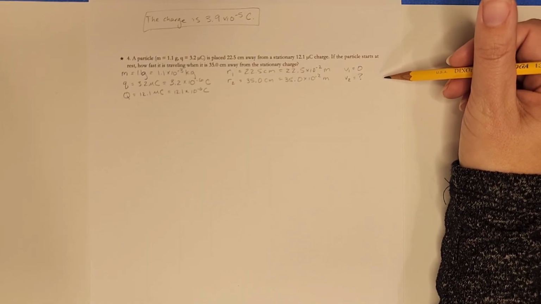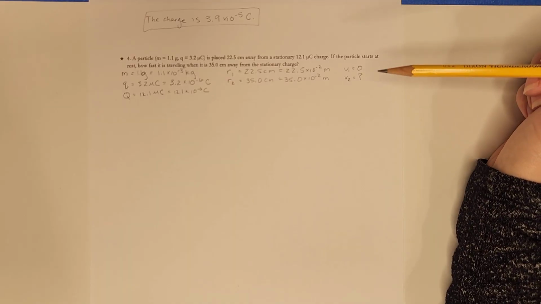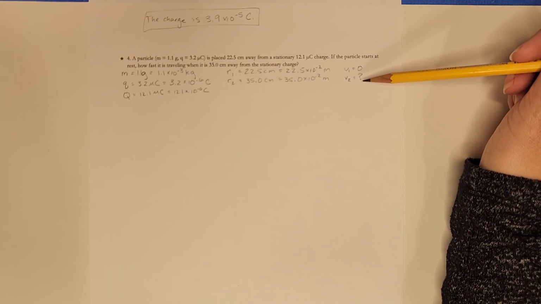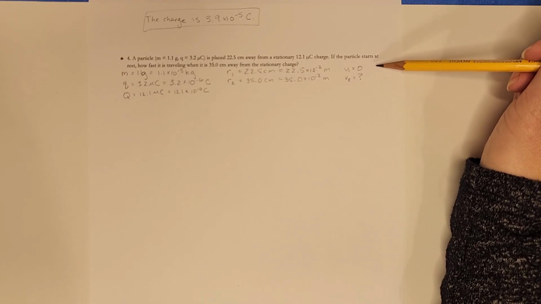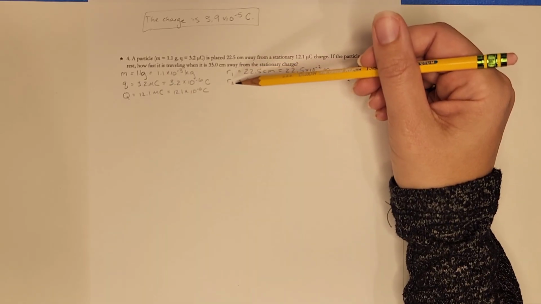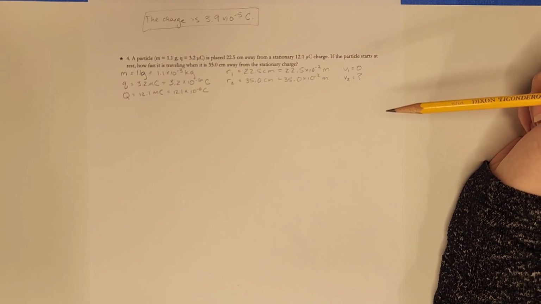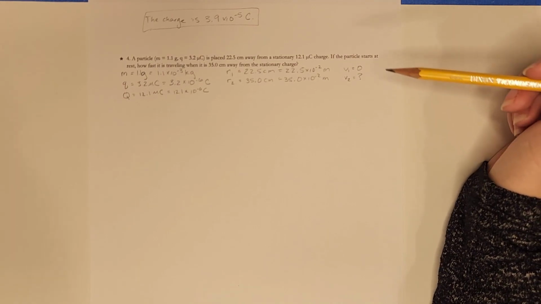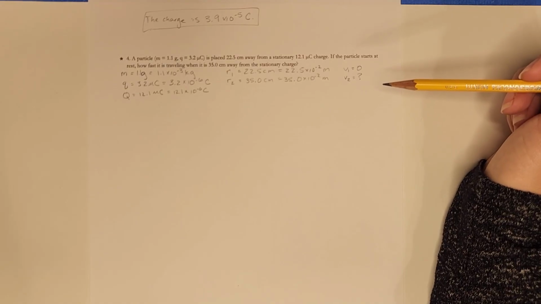And so what we can use then is the change in potential energy, because however much the potential energy at the zero velocity changed from this first radius to the second radius, that is how much the kinetic energy changed in reverse. So if we lose potential energy, for example, we're going to gain kinetic energy, right?